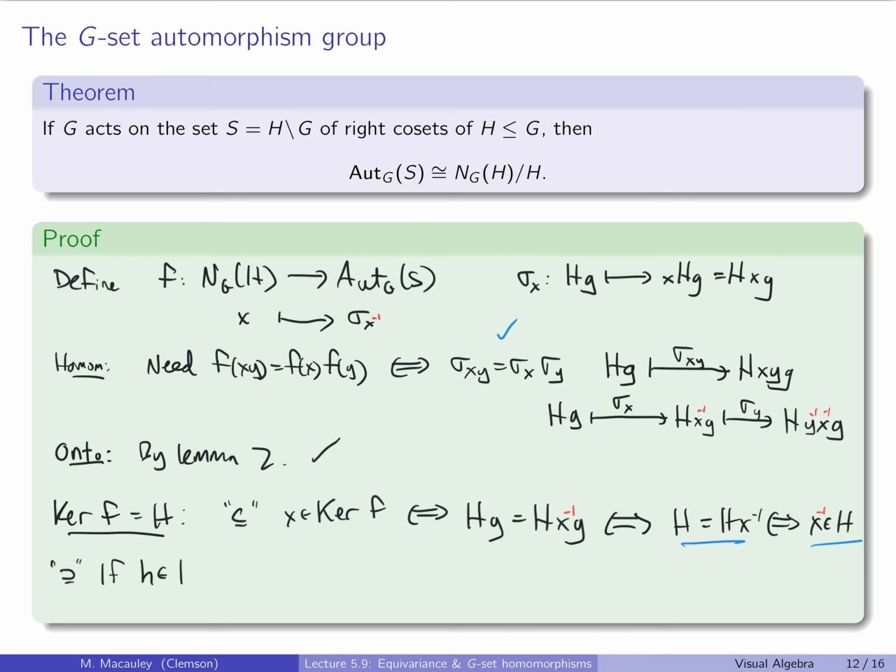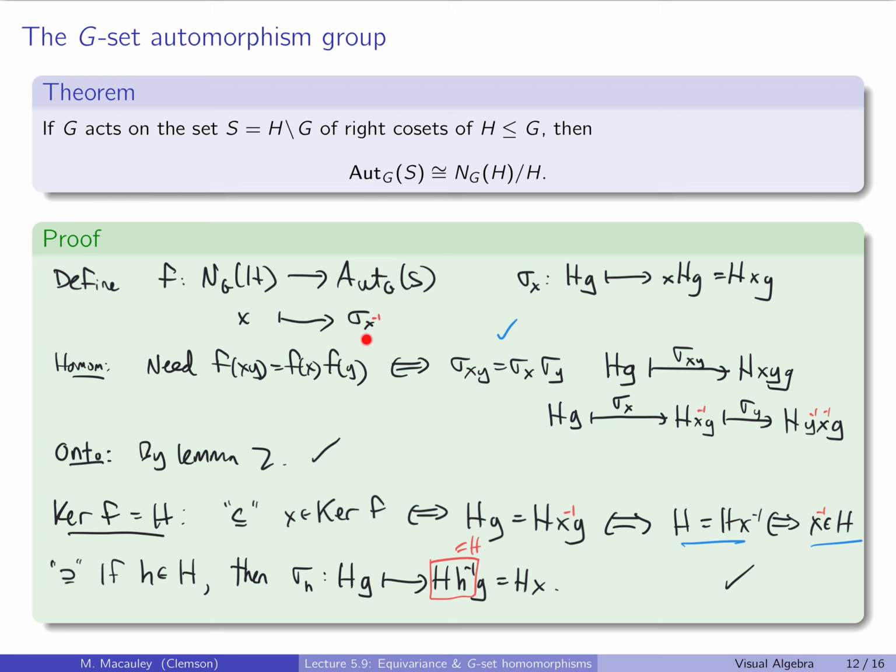If h is in big H, then sigma left multiplying by h is going to send the coset h little g to h inverse little g, which is equal to hx, because by our boring but useful coset lemma, that's just equal to H. So again, this is why I said it doesn't really matter.